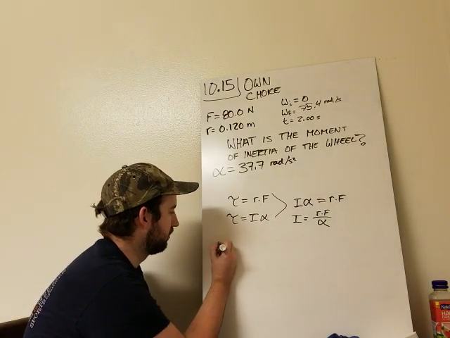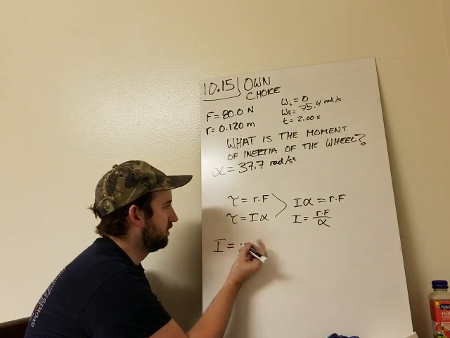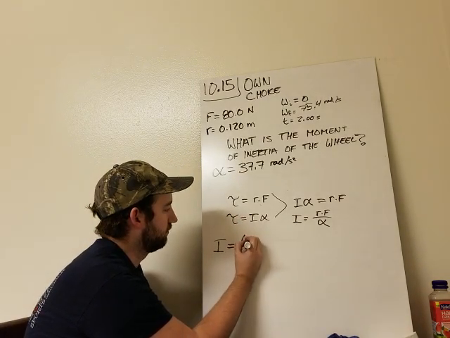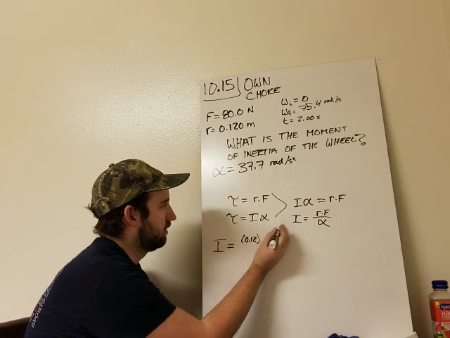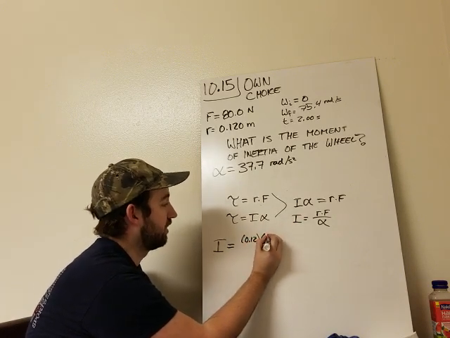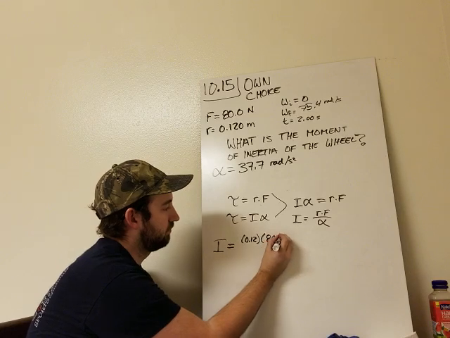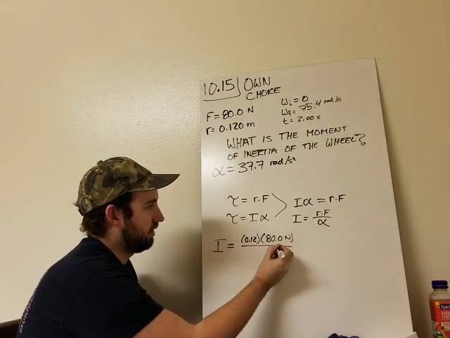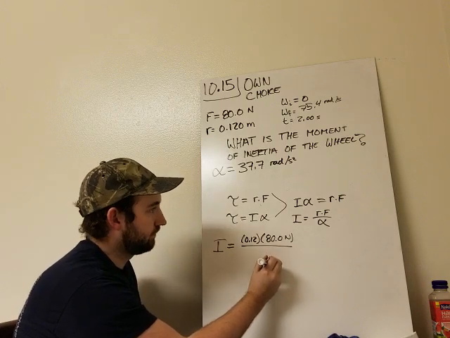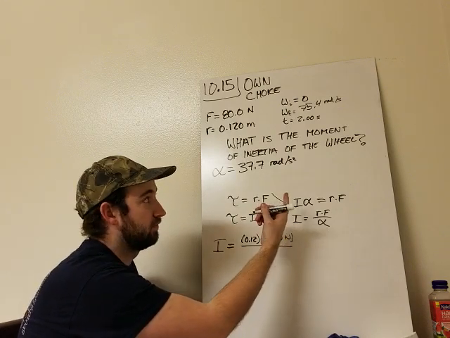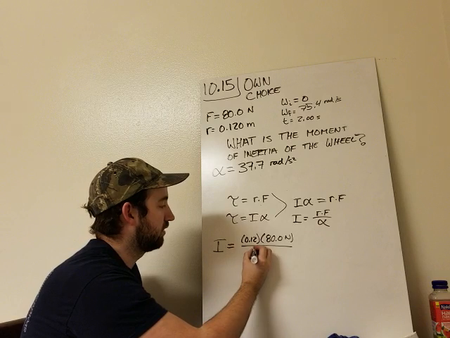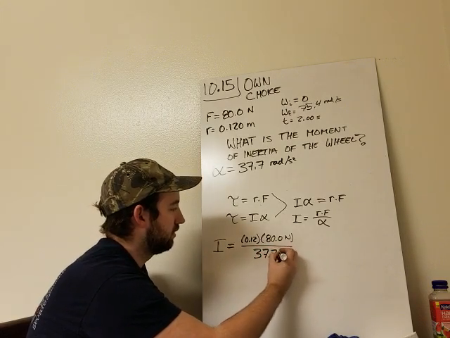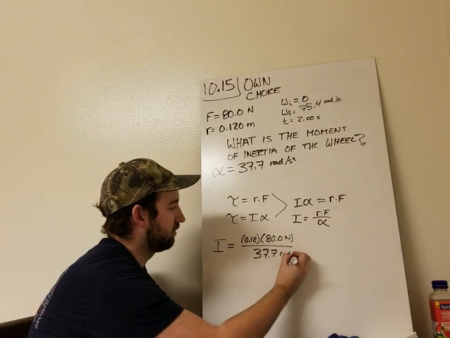So I is equal to the radius, which is 0.12, times the force, which is 80 newtons, divided by that angular acceleration, which we found in that previous part, radians per second squared.